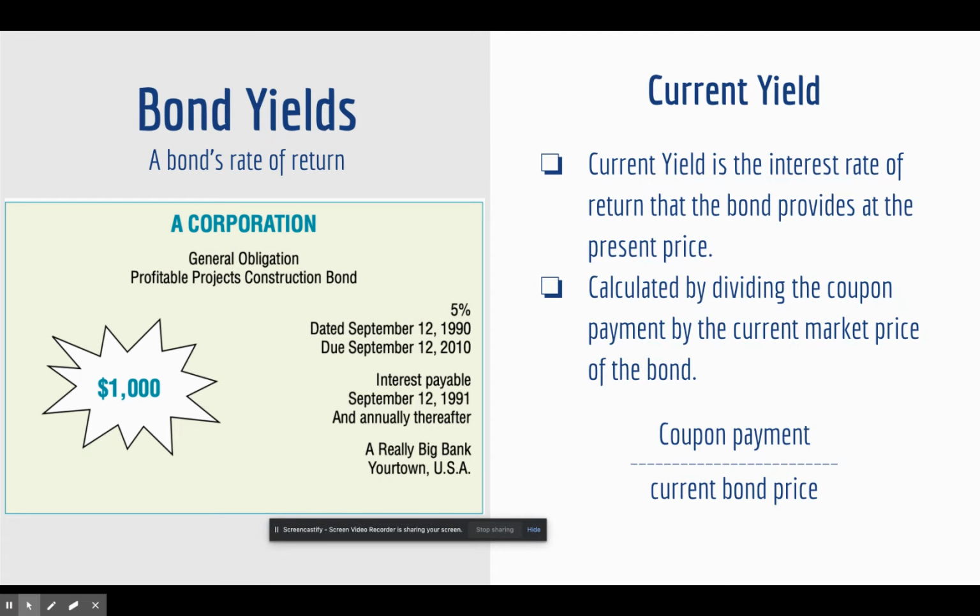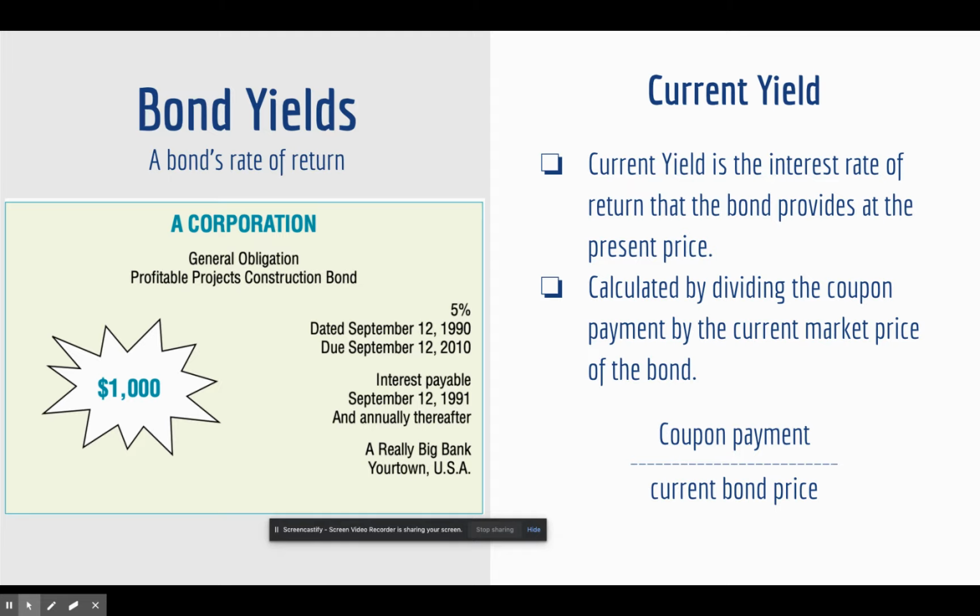The way in which we evaluate our current yield is we take our stated coupon rate, but then we also have to factor in the present price or the current bond price. Now we're not just looking at the value of the bond at face value, but we're actually looking at what the bond is being traded at currently in the market. And we calculate that by dividing the coupon payment by the current market price of the bond.